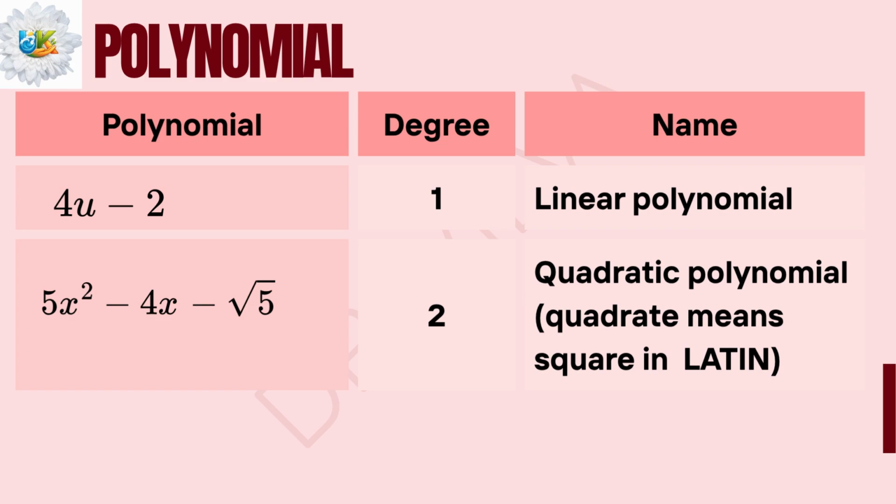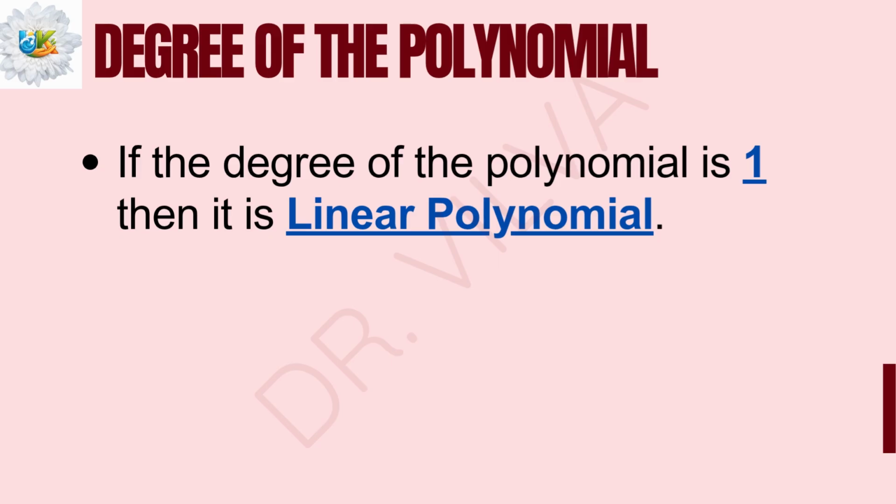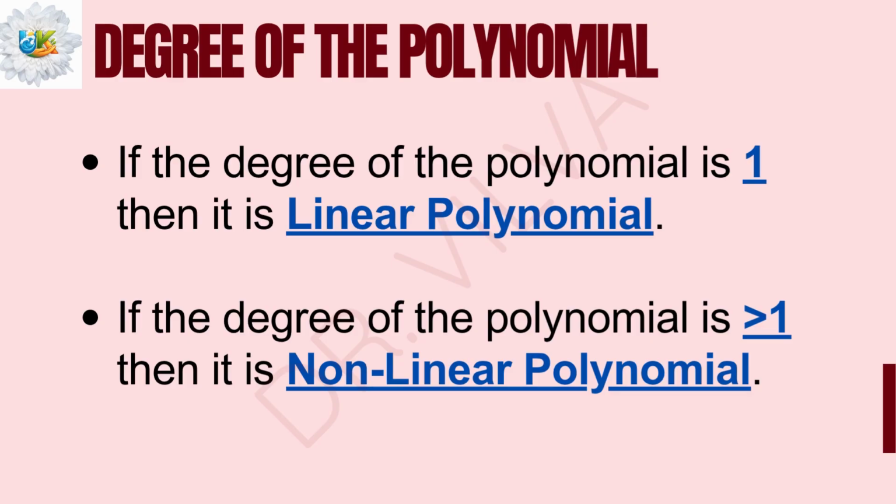The word quadrate means square in Latin. Example, 5x square minus 4x minus root 5. When the degree is 3, it is a cubic polynomial. Anything with degree 1 is a linear polynomial and a degree greater than 1 is simply a nonlinear polynomial.